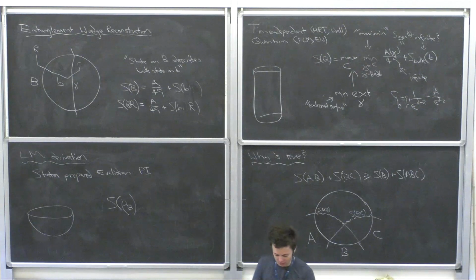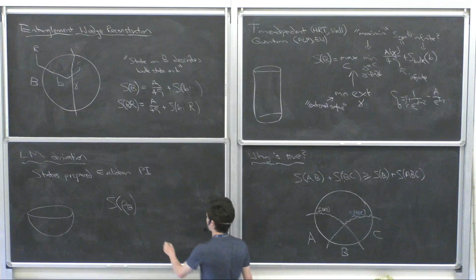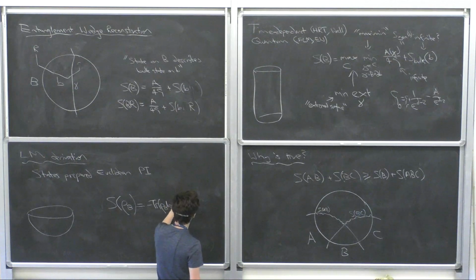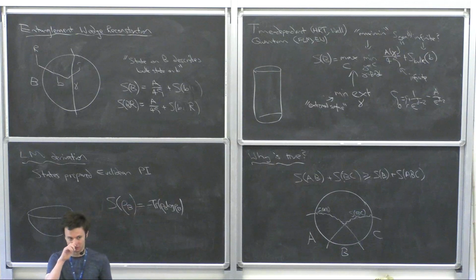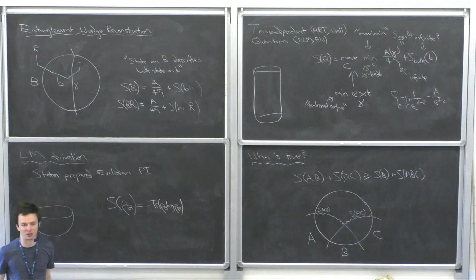So this seems a bit hard. It's not obvious how to do it, because this is equal to minus the trace of rho B log rho B. It's not obvious, at least to me, a priori, how you compute that using something like a path integral, which is how we know to prepare these states, so how we know to do stuff.